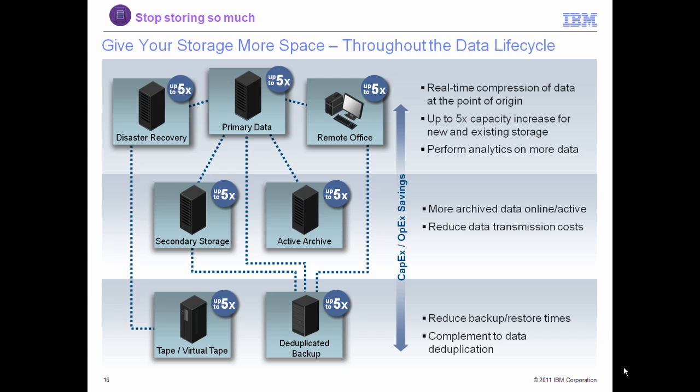Your overall CapEx and OpEx savings throughout the data lifecycle is going to be tremendous. Just by deploying this technology in front of your primary storage, you're going to get all these downstream savings. There isn't another technology available on the market today within the storage industry that can provide the type of savings that the real-time compression technology can provide to you.